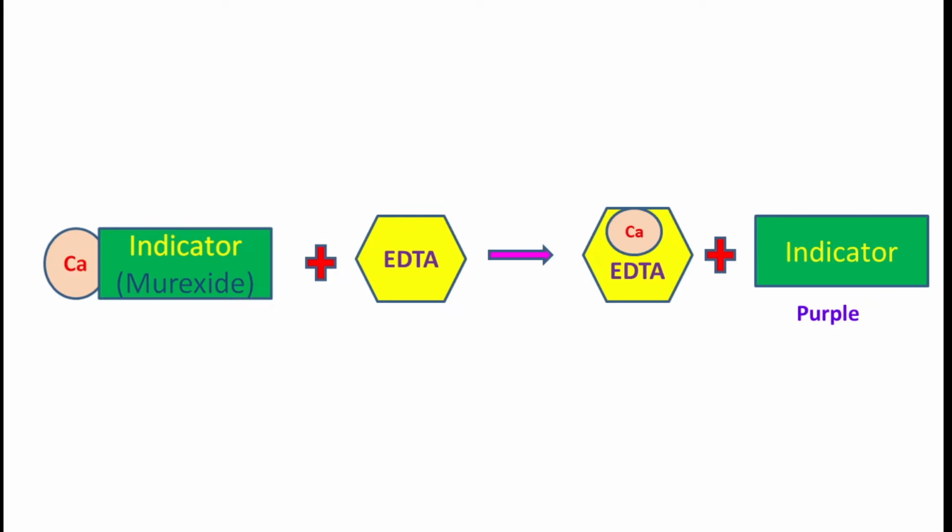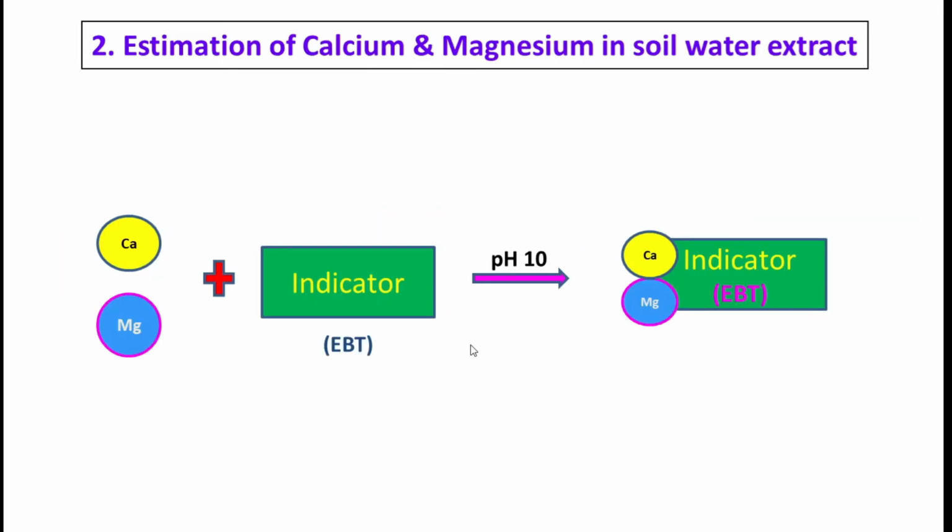So the first initiation is appearance of the rose red color and the end of reaction is appearance of purple color. This indicates that the calcium is bound with indicator and later it comes out of the indicator and gets bound or embedded in the EDTA. This titer value will give us the total calcium that is present in the soil water extract. So that is about the first step in estimation.